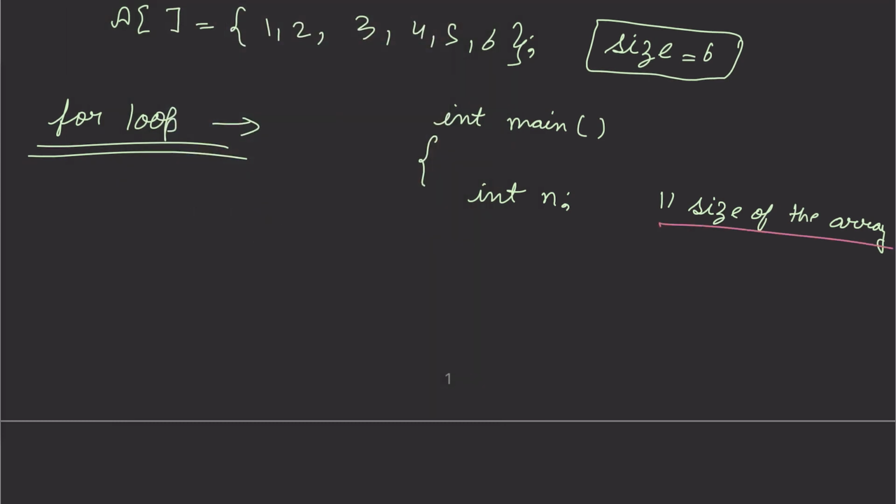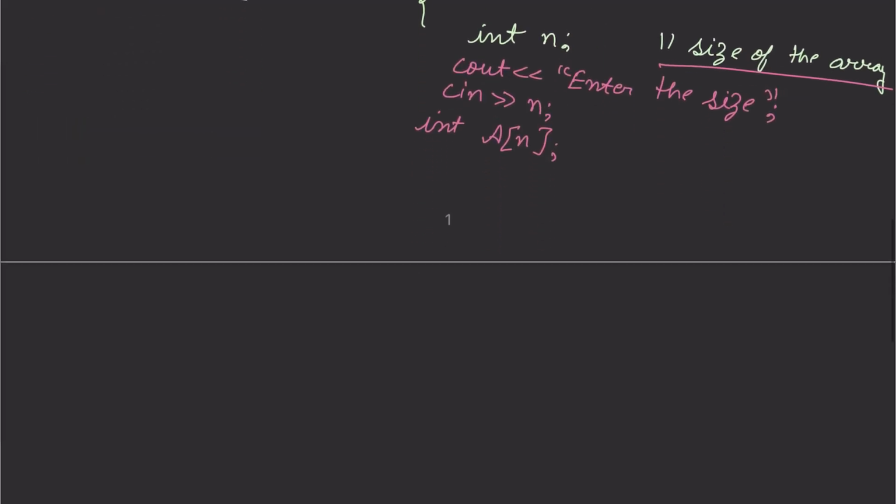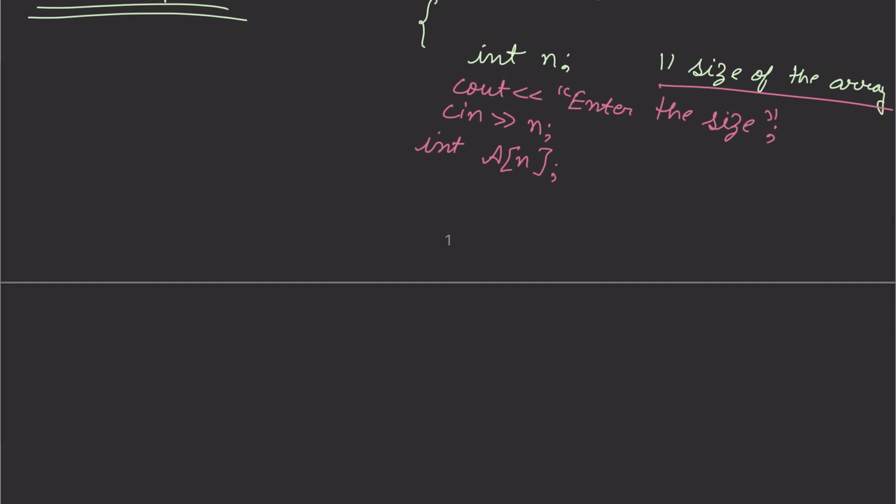Then I will print cout enter the size. Now store this value in n. After that declare an array. Okay, so now if the user has entered here 10, then an array of size 10 will be created in the memory.